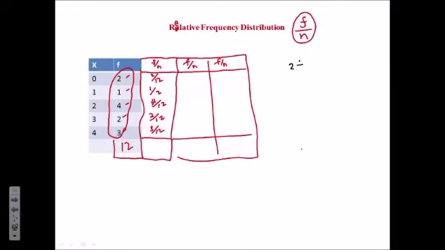So 2 divided by 12, that's going to be 0.1666. Let's round it off to 2 places. I'll call that 0.17. And we could take now the next one. 1 divided by 12.